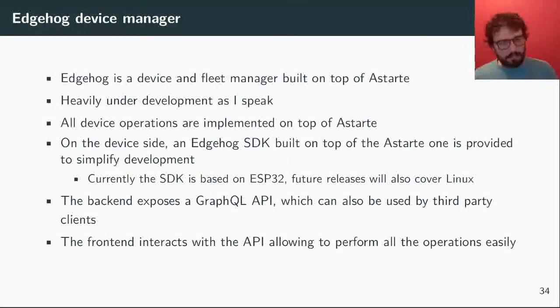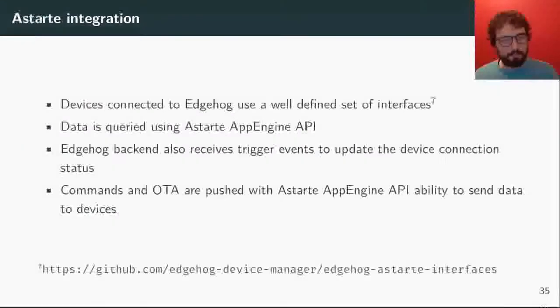And the front end of Edgehog interacts with this API and allows you to perform all the operations easily. So like the Astarte dashboard, the Edgehog front end is a graphical way to do all the operations that you can do interacting with the Edgehog API.